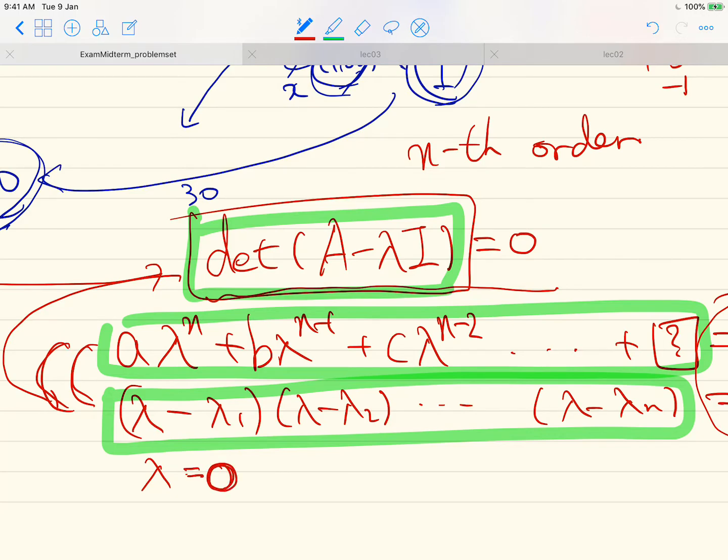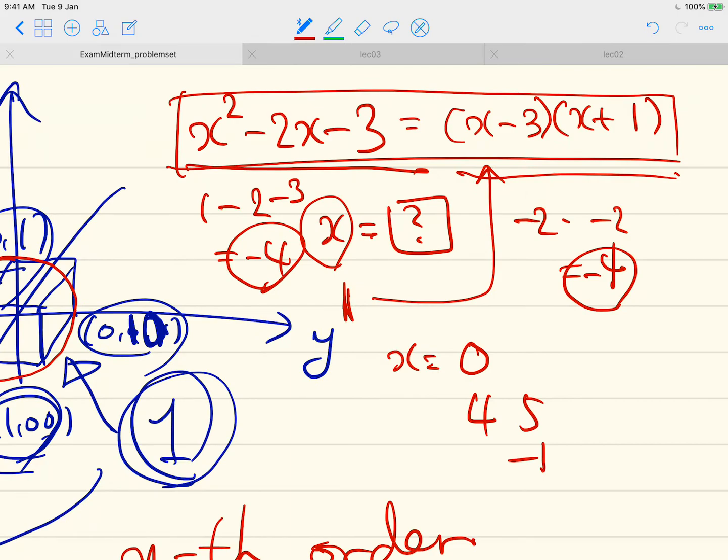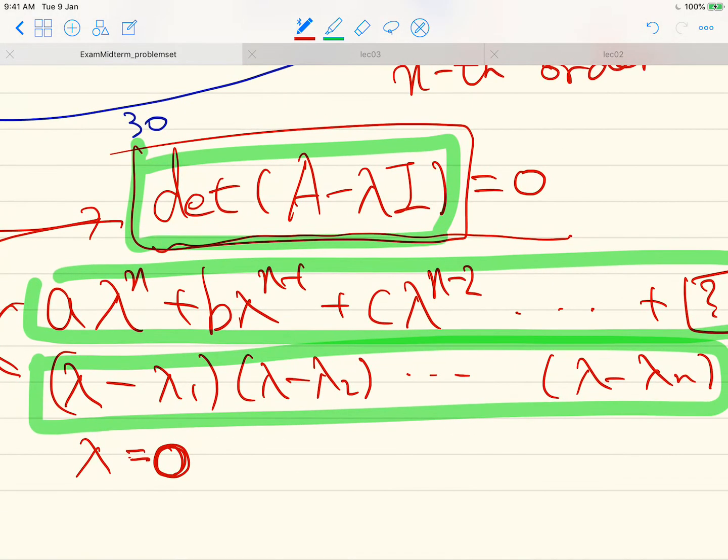Here lambda 1, lambda 2, and lambda n are particular solutions, or constant values that are not variables, right? These lambda 1 and lambda 2 are just like these 3 and -1, right? So these are constant values. So we have the freedom to choose whatever x value there. Here we choose any lambda value, and particularly I chose lambda as 0, right?